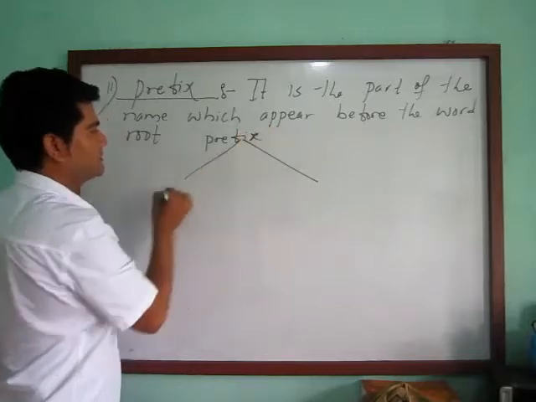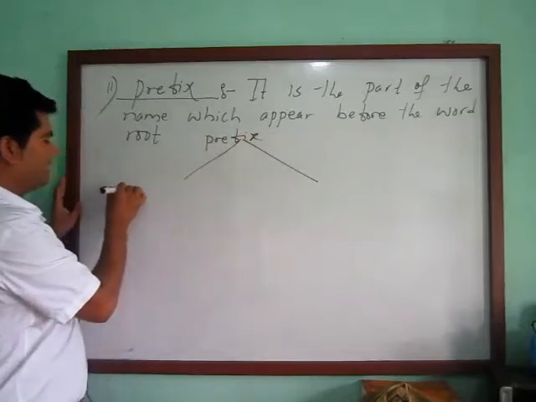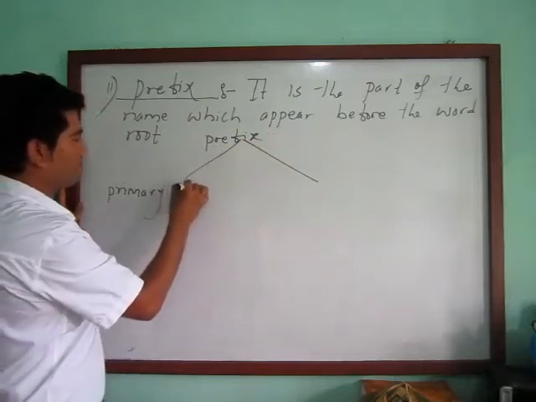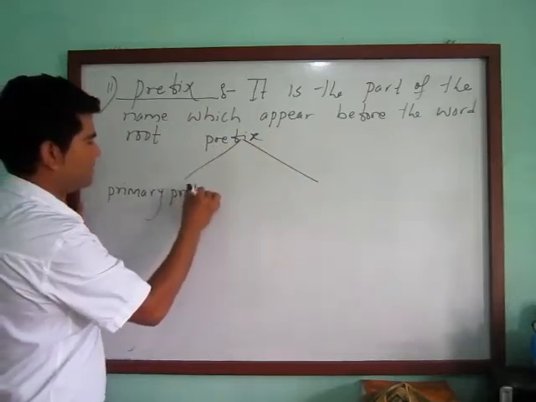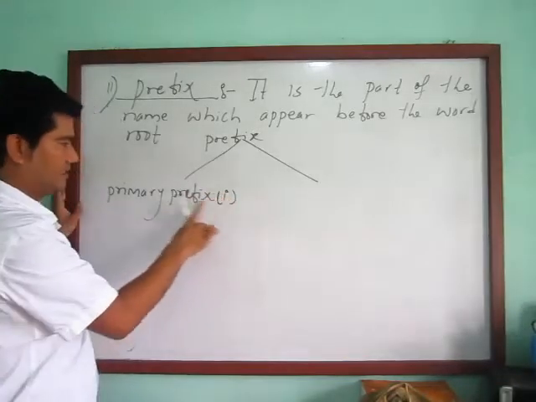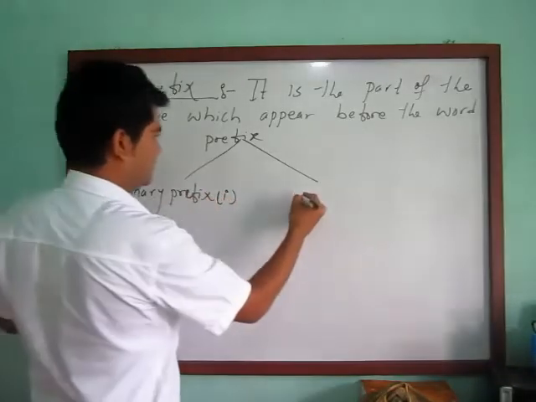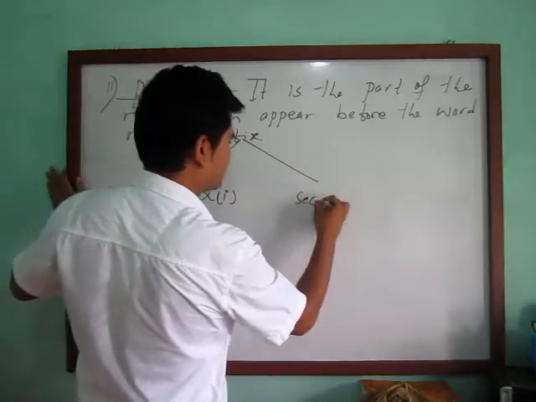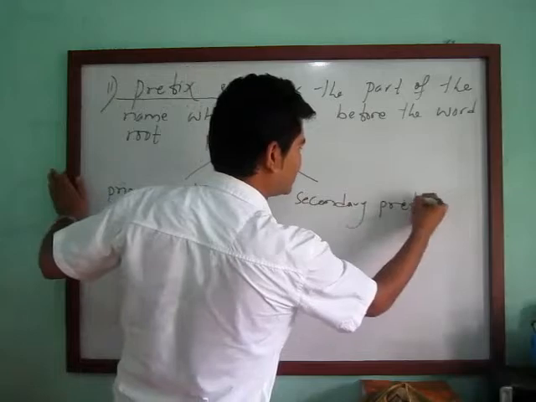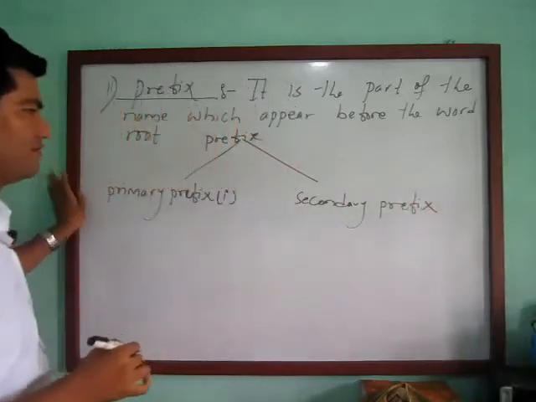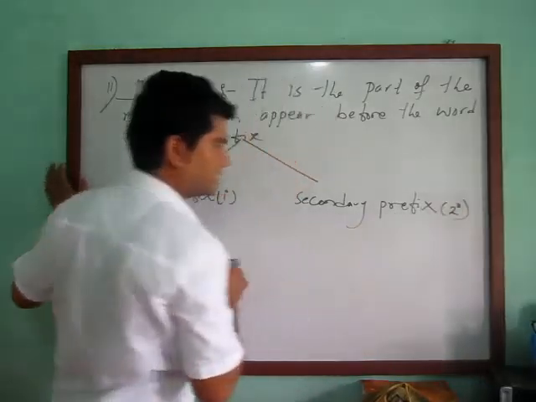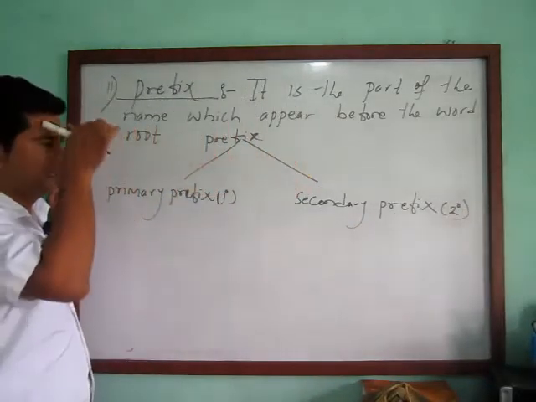One is the primary prefix, indicated by 1 degree. Similarly, the secondary prefix, indicated by 2 degree.